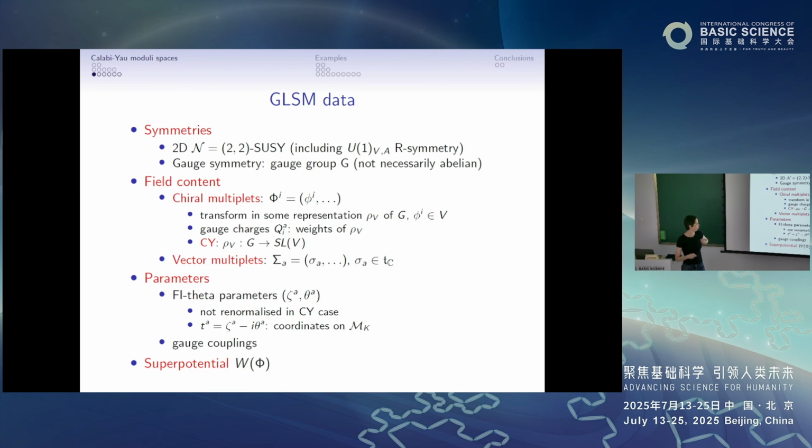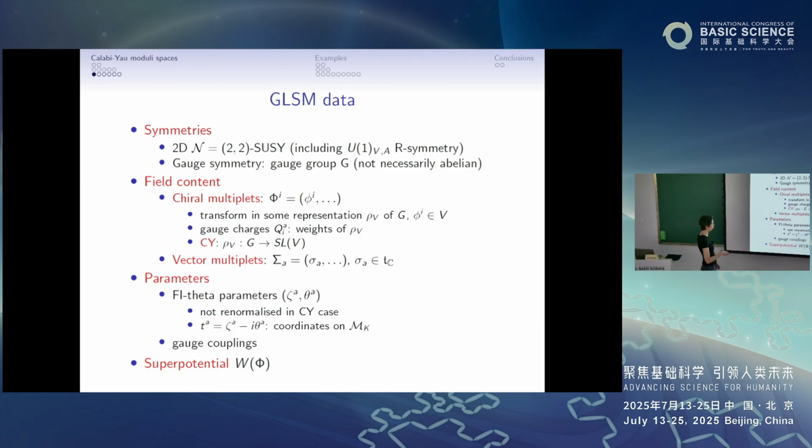If the charges sum up to 0, you have a Calabi-Yau GLSM. It's not geometric at all. The vector multiplets are just Lie algebra valued fields, and for the notation, remember that the phi's correspond to the matter sector, and the sigmas are the scalar components of the gauge sector.